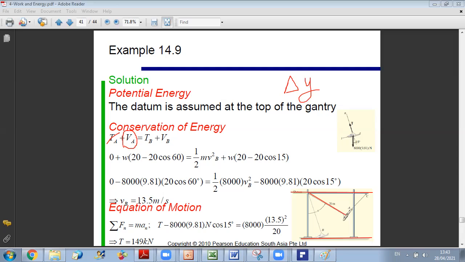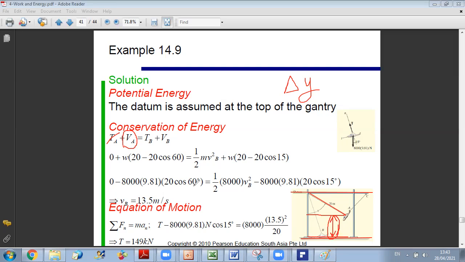Okay, so here for example what is delta y? If you do yb minus ya, this is the difference, this is delta y. It is a negative value because y of b is smaller than y of a. So wherever your reference is, delta y is negative, equal to yb minus ya.